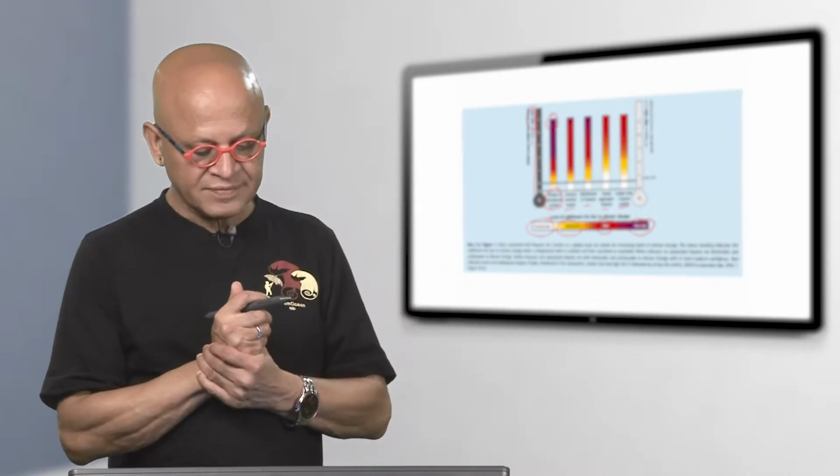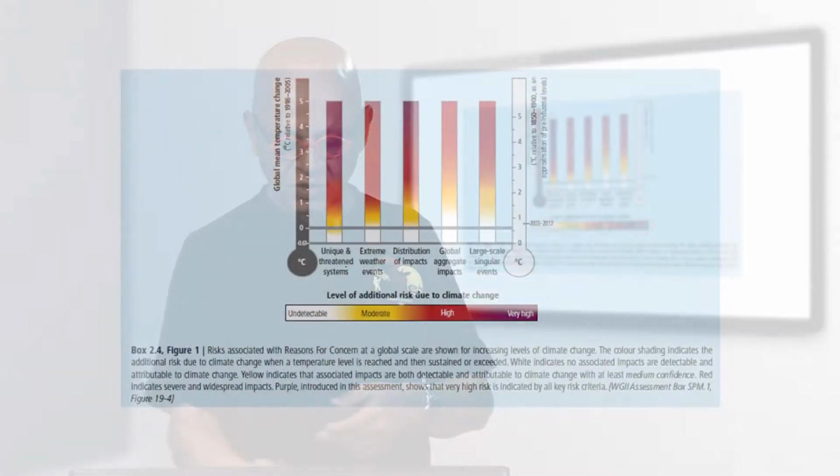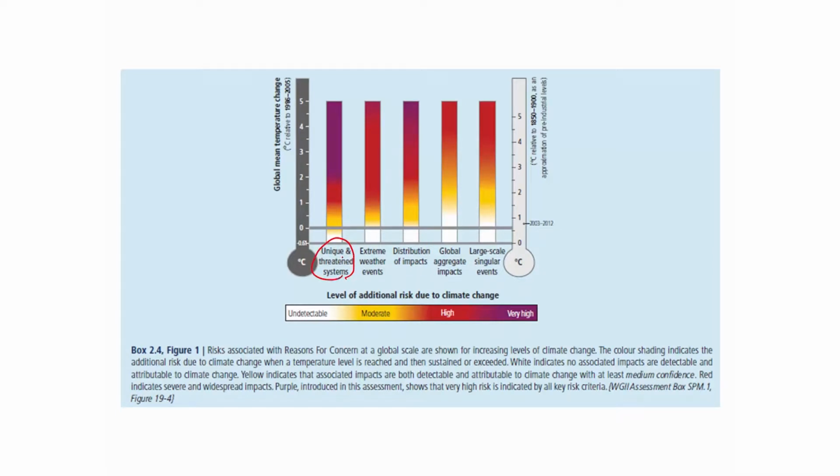Keeping that in mind, let's go back to look at our reasons for concern: unique and threatened ecosystems, extreme weather events, distribution of impacts, global aggregate impacts, and large-scale singular events. The scale shown here is that when it's in the white range, it is basically undetectable change in risk, and then it begins to get moderate, high, and very high.